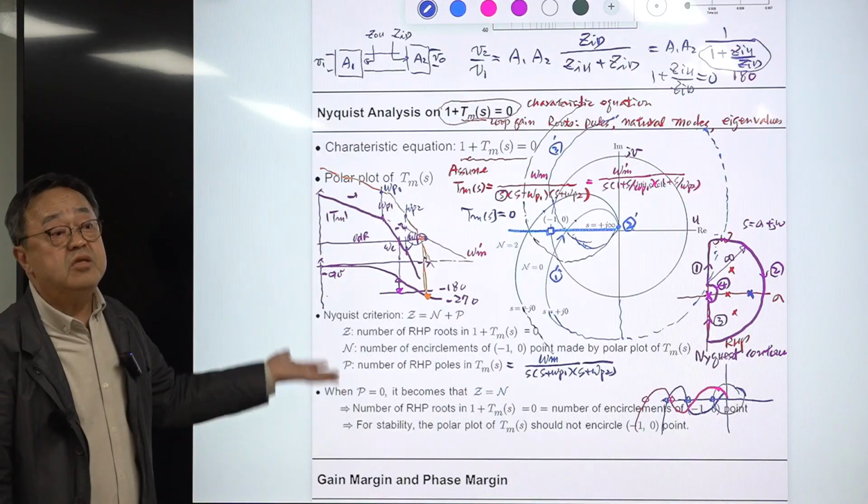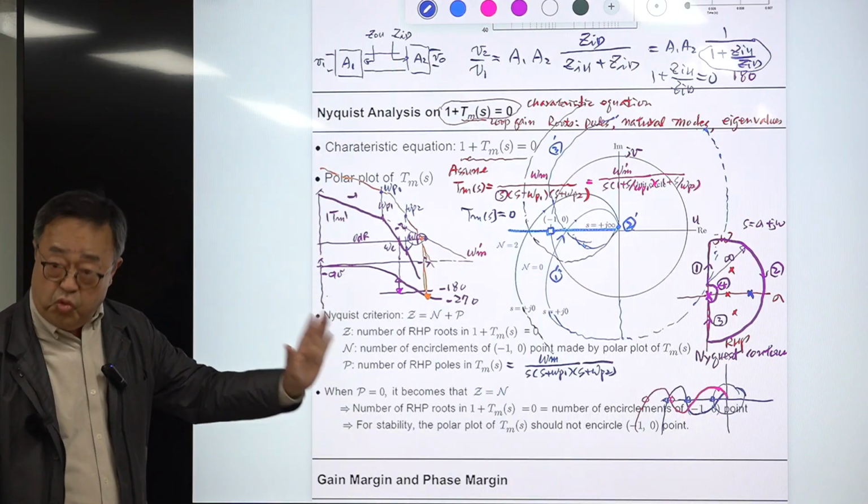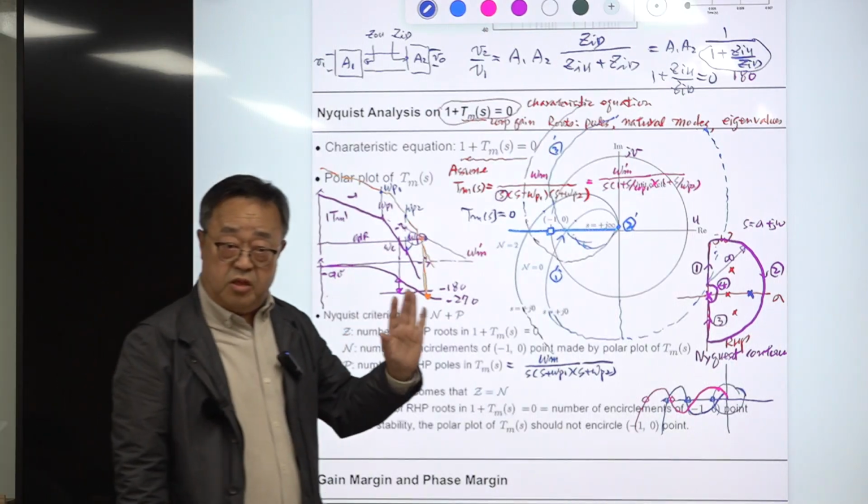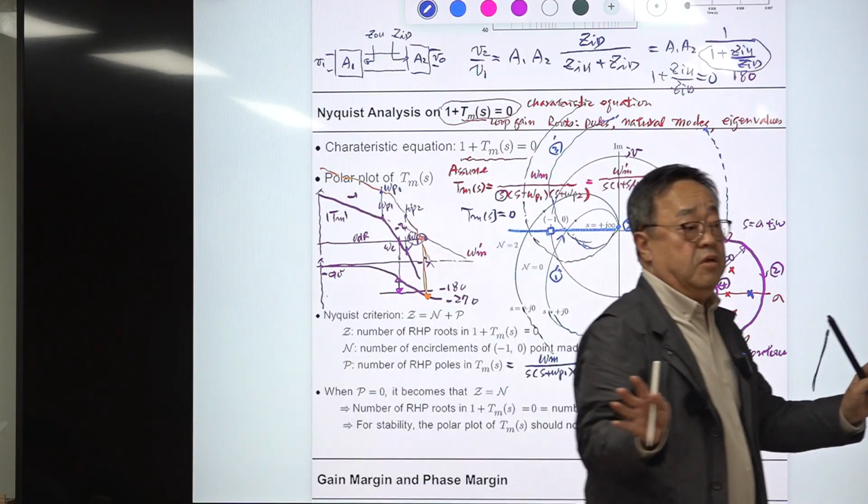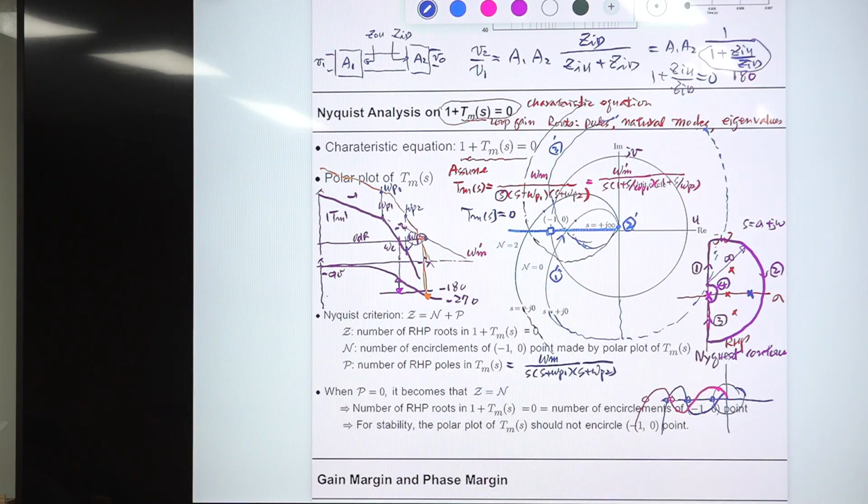Okay? So this is a very general tool to determine the stability of feedback systems or stability of interconnected systems. Okay? Each system is individually stable, but if you connect them together in a strange manner, you don't know what will happen. Okay? So this issue is very important.